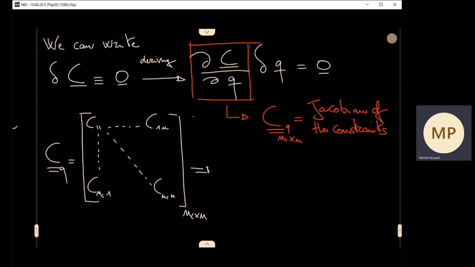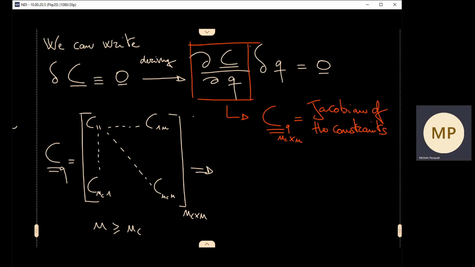This is a rectangular matrix, and remember that n is typically larger than or equal to nc. Okay, so what is the highest rank that this matrix can have? nc, right?